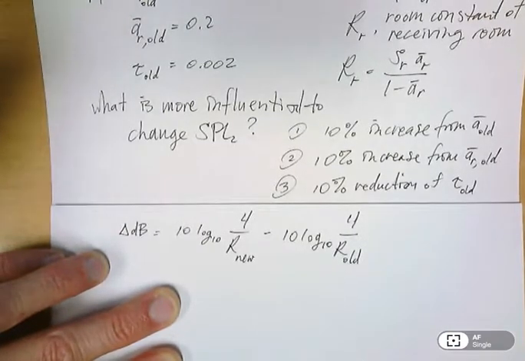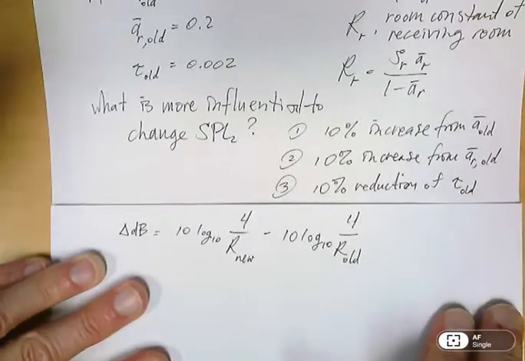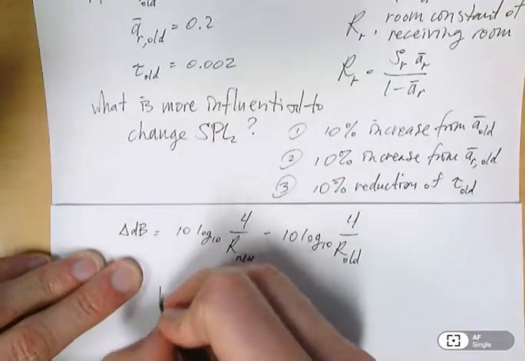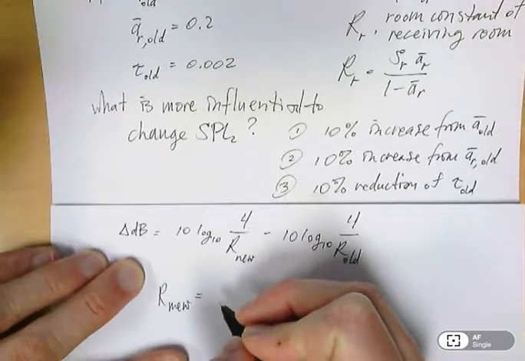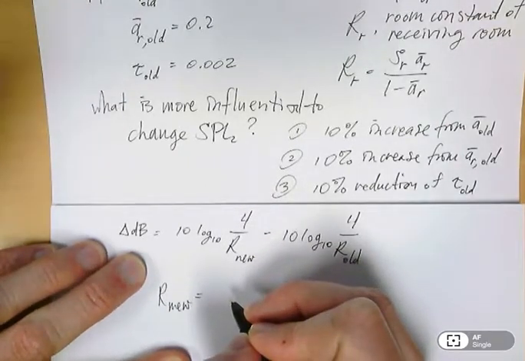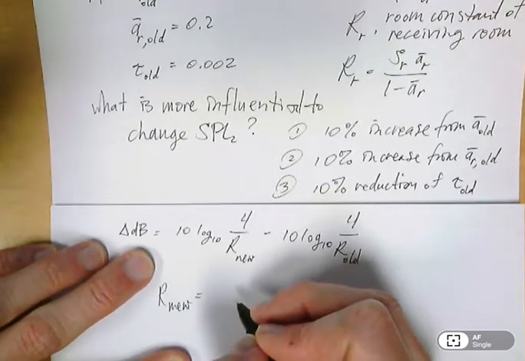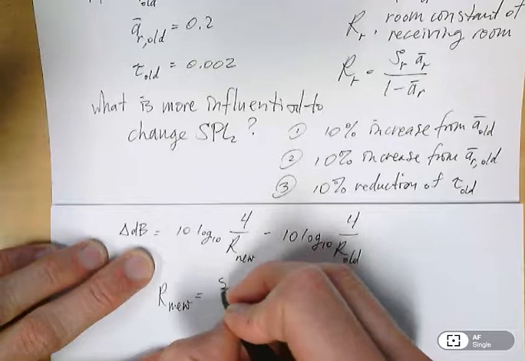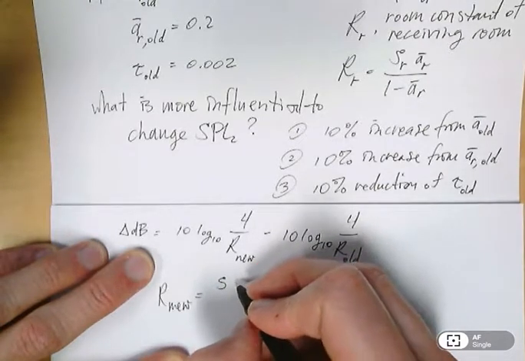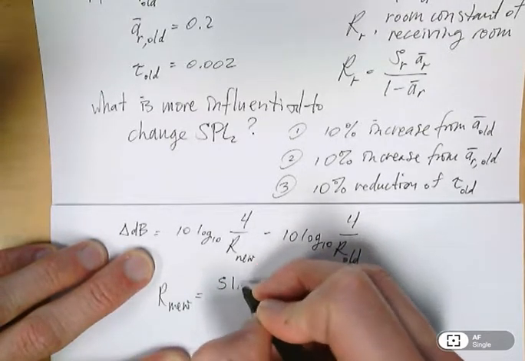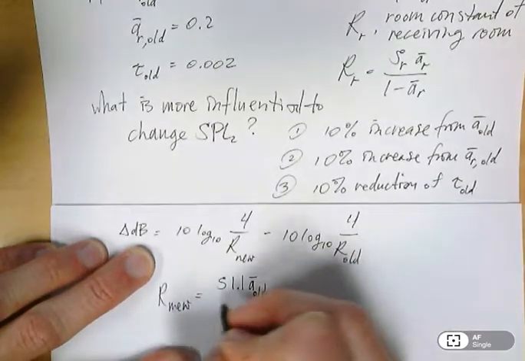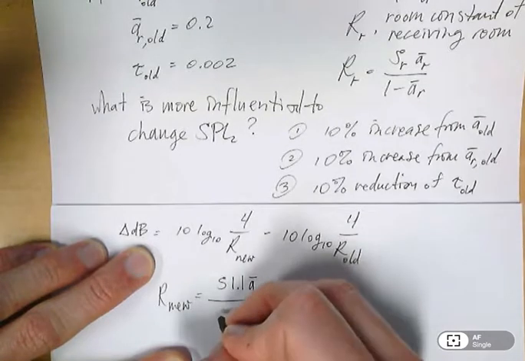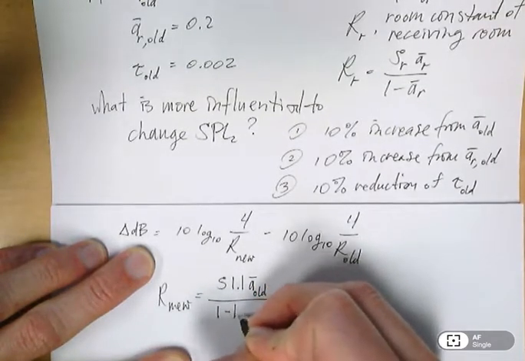So R new, if we have this 10% increase from A old, that can be written as S, which will not change, 1.1 A bar old divided by 1 minus 1.1 A bar old.